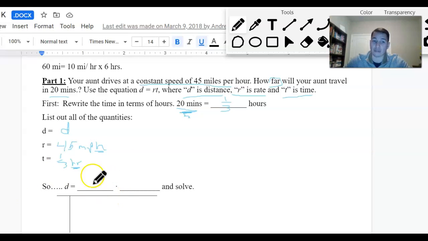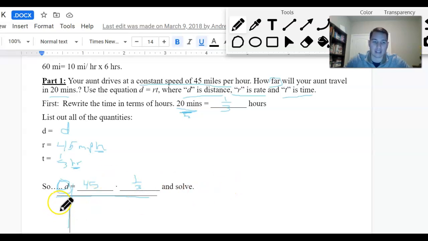Okay, so solving for this, we're going to set up the equation. D equals R times T. R is 45 times T, which is 1/3. This is meant to be kind of like a T-chart here. Do we need a T-chart for this problem? No, you don't, which is so sad. The reason why we do not need a T-chart is because the variable D is already by itself.